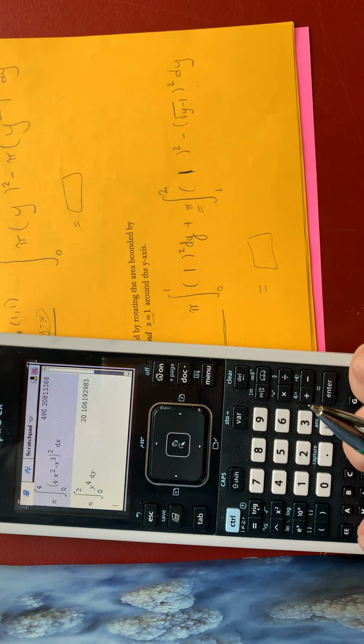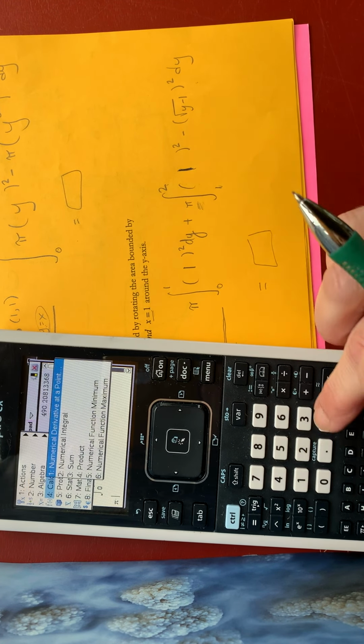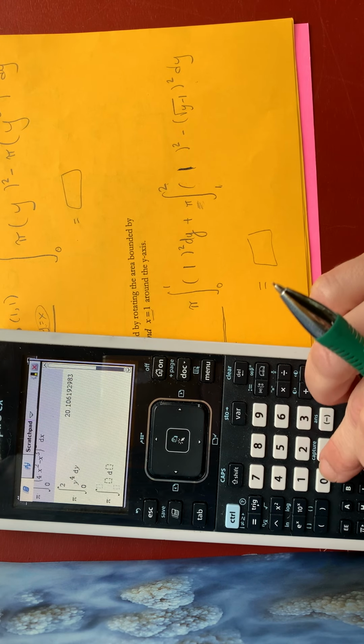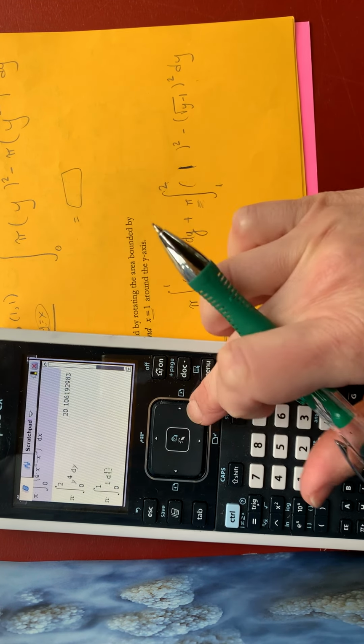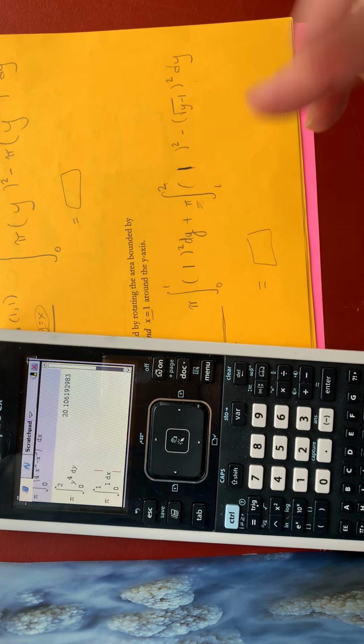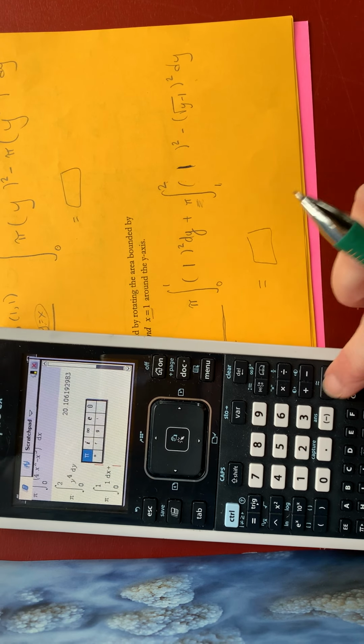Okay, here we go. So pi times the integral from 0 to 1 of 1. You can use dx, you can use whatever you want when you use your calculator as long as you're consistent.